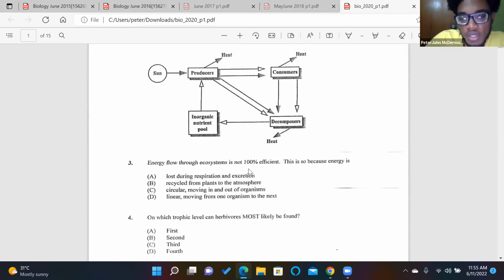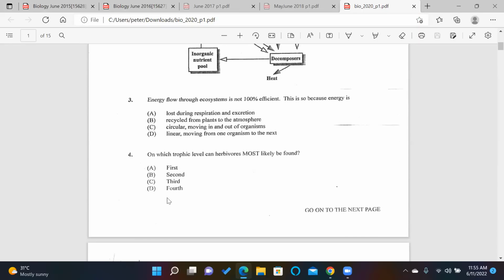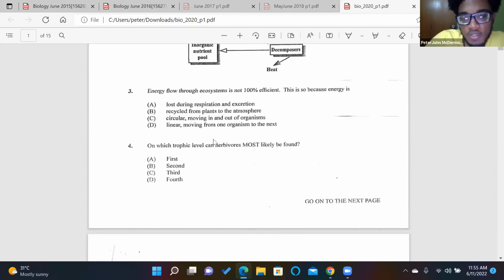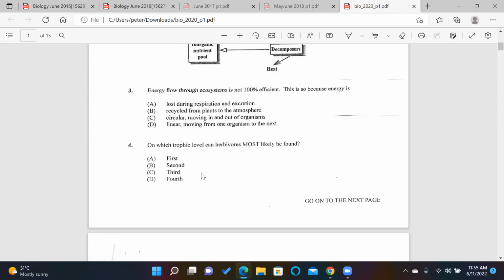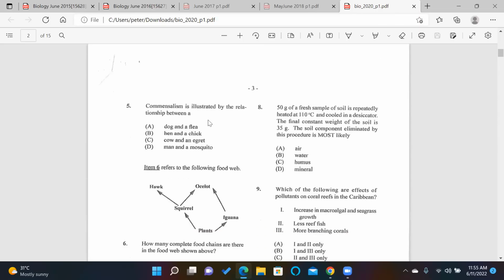Energy flow through an ecosystem is not 100% effective. This is because energy is... I think I told you guys this last time. A. Yeah. On which trophic level can herbivores most likely be found? B. Correct. Commensalism is illustrated by the relationship between... C. I told you guys this.